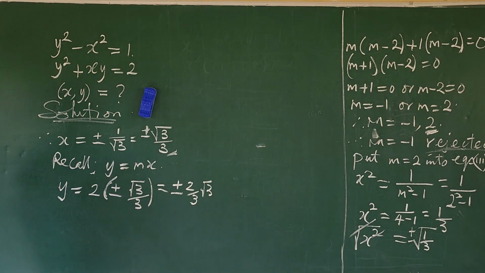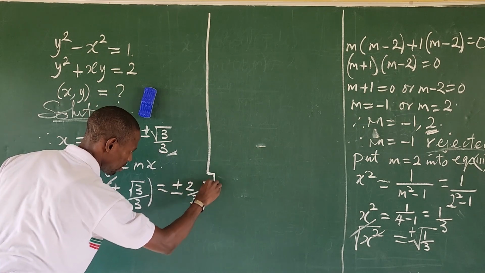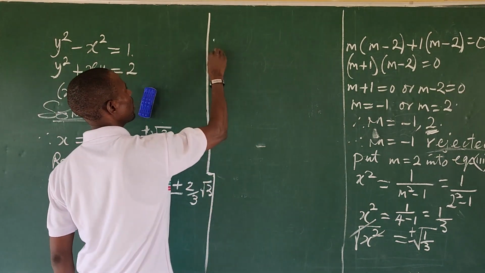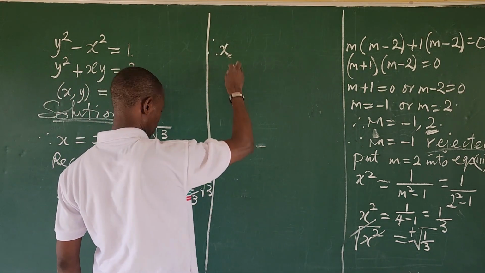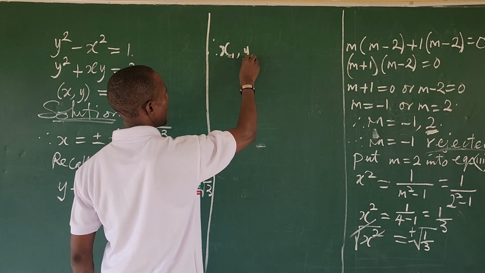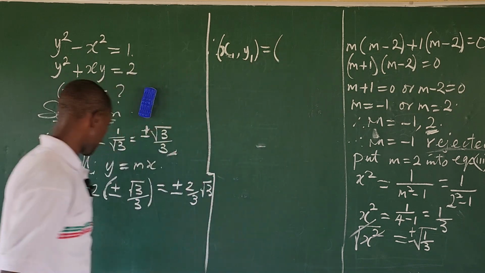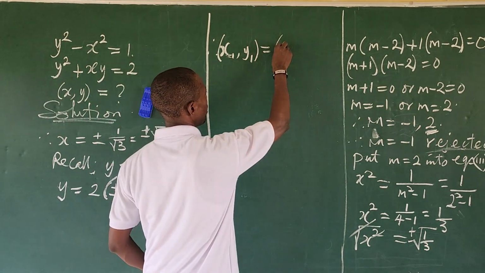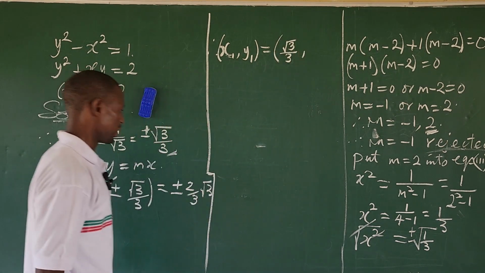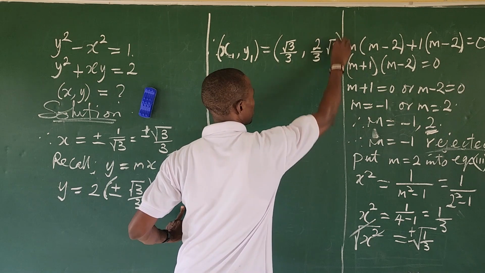In all, what are the two possible values of x and y? So we now have (x1, y1) equal to, the first value, plus root 3 all over 3, comma, plus 2 all over 3 root 3, close bracket.